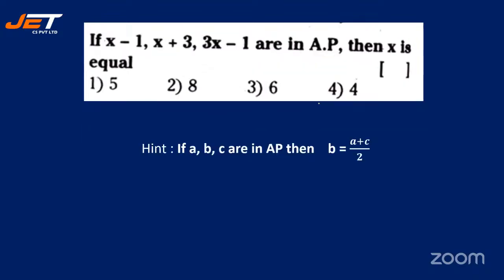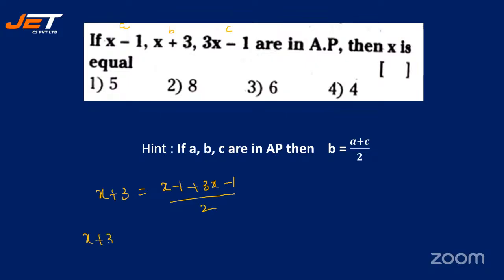See the next question. If x minus 1, x plus 3, 3x minus 1, they are in AP, then you need to find out the value of x. So here we already know if a, b, c are in AP, then b is equal to a plus c by 2. All right. So here let us assume this to be B. Let us assume this to be C. So with this, what is B? x plus 3 is equal to what is A? x minus 1 plus C is 3x minus 1 by 2.